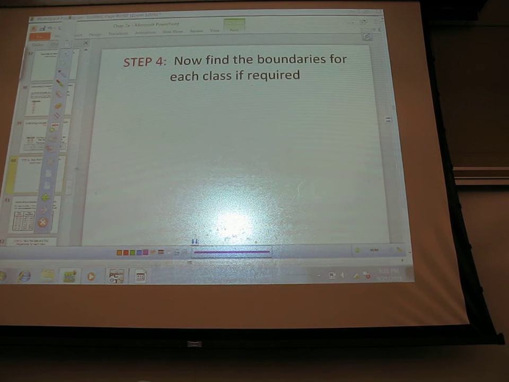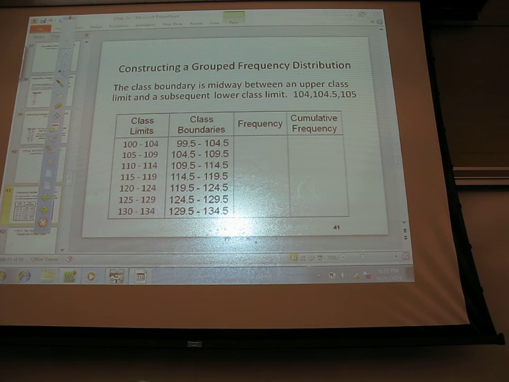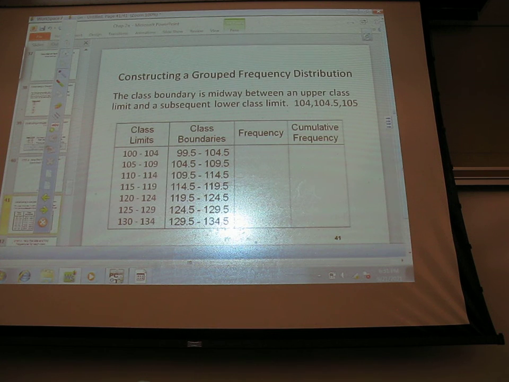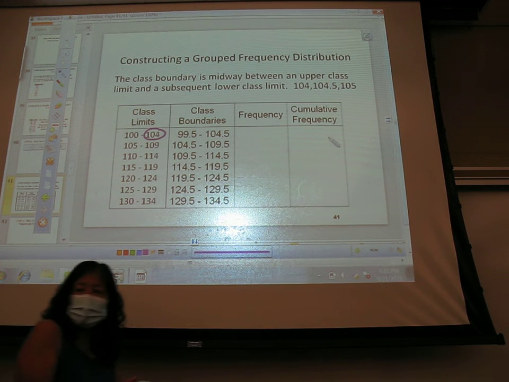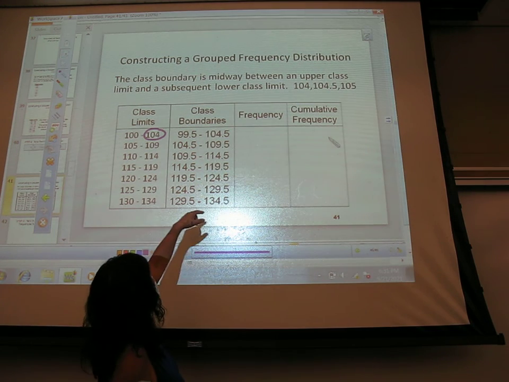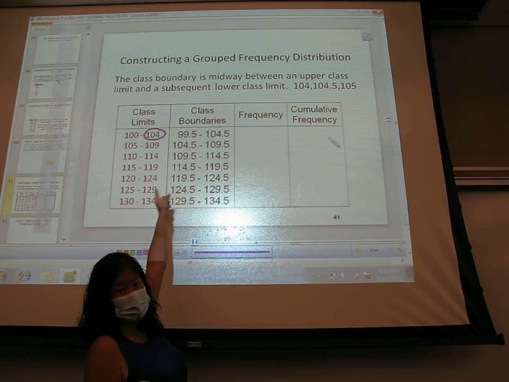So really, all you need to do is grab 104 and just add one more decimal place and put a 5 in there, right? And then that's also the lower class limit for the next class.